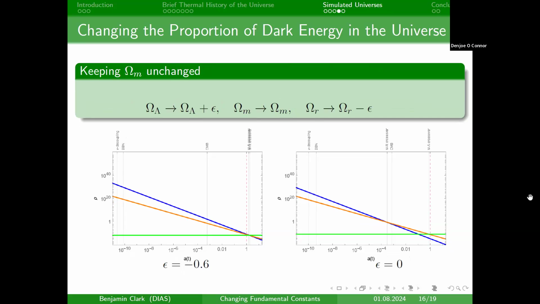So probably we wouldn't be here, but there is a chance that there would be some type of galaxy, or a planet with some sort of life. And in all of them, because we've assumed that dark energy is constant and the density of radiation and matter are both always decreasing, we will always end up with a dark energy dominated universe. It's just a case of at what point in time this happens.